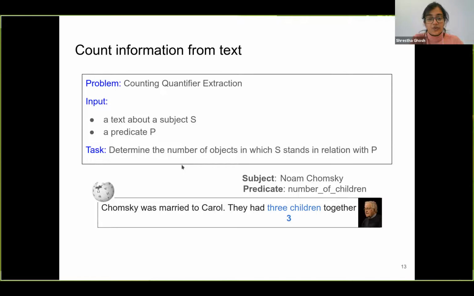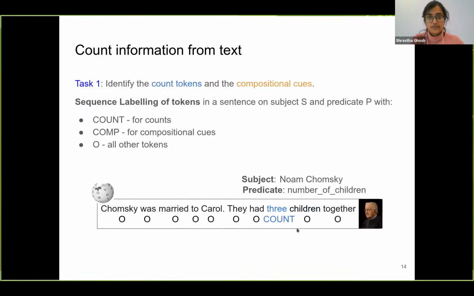If we have Noam Chomsky and we're looking for the number of children, and we're given a particular text from Wikipedia, can we predict that the number of children is actually 3? The task is non-trivial because we need to identify the count tokens that are present in the text, and these may not occur individually, so there might be compositional cues. We need to take into account all of this.